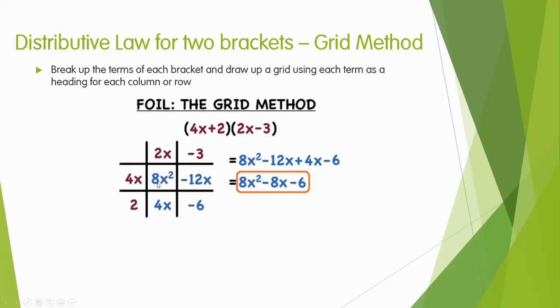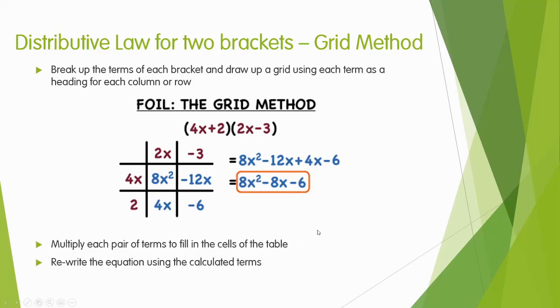So 2x times 4x is 8x squared. 4x times minus 3 is minus 12x. 2 times 2x is 4x, 2 times minus 3 is minus 6. We then can rewrite the expression by just going through these and rewriting them and simplify it down. This is called the grid method. So we multiply through those cells and then we rewrite it and simplify.